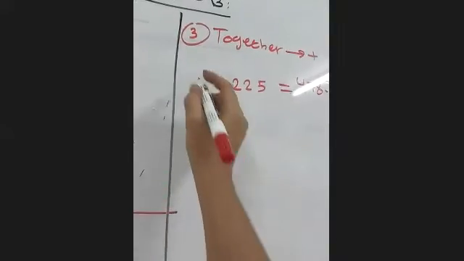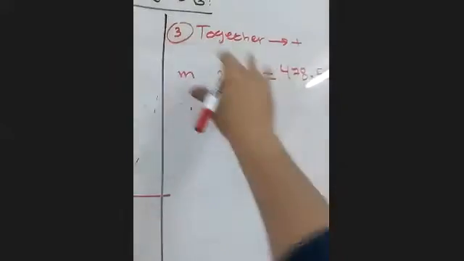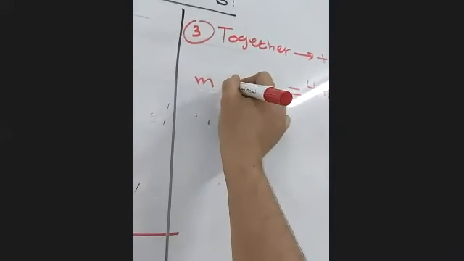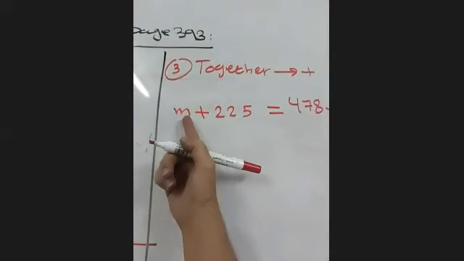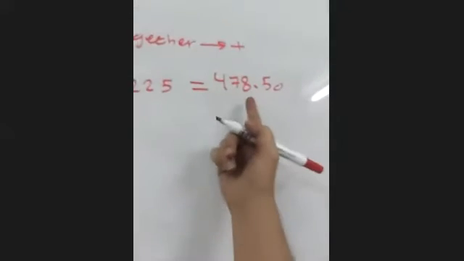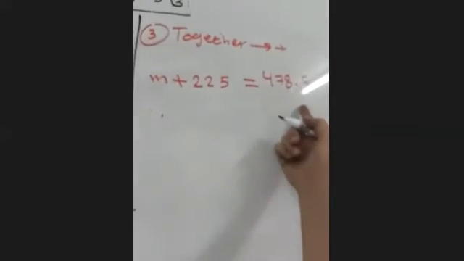And the other girl, I will call her M, for Margot. And together, what will we write here? Plus. So Margot plus Rhonda, together they saved 478.50. This is our equation, right?